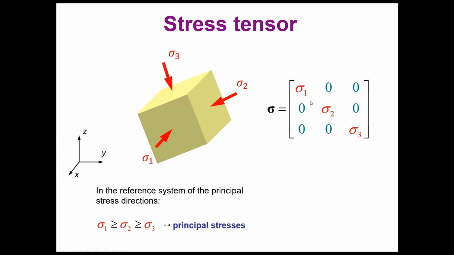In this case, the matrix will have the diagonal sigma 1, sigma 2, and sigma 3, which are the principal stresses. And the zeros correspond to the shear stresses, because by definition, and this is a property of the stress tensor, where you have the principal stresses, you have 0 shear stresses. This can be studied, for example, using the Mohr circles in 2 dimensions or 3 dimensions, something that we will probably study in the future in more detail, but I have mentioned before.